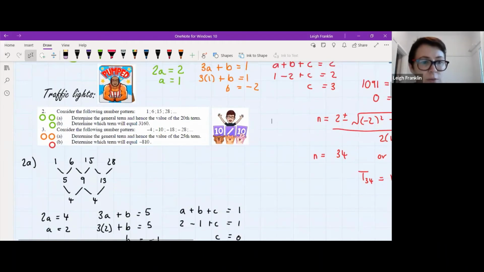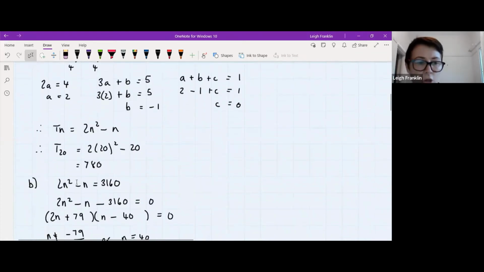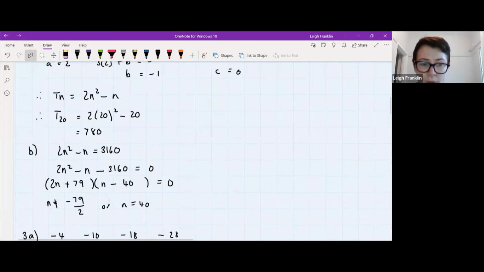For question B, determining which term will be equal to 3160, you would have taken the nth term, 2n squared minus n, and made it equal to 3160. Here I ended up factorizing instead of using the quadratic formula, but that makes no difference. It's just this line over here that you would substitute for the quadratic formula.